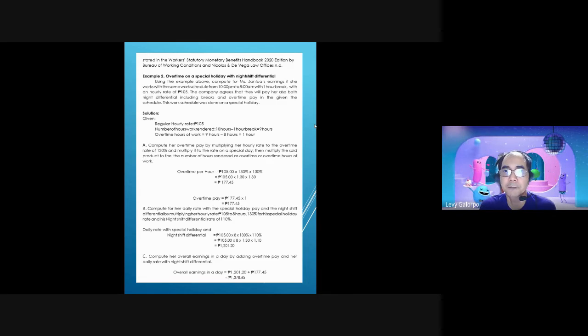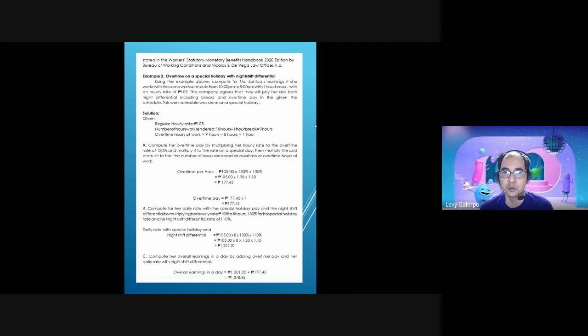Example 4, overtime on a special holiday with night shift differential. Using the example above, compute for Ms. Zantua's earnings if she works with the same work schedule from 10 p.m. to 8 a.m. with 1 hour break with an hourly rate of 105. The company agrees that they will pay her also both night differential, including breaks and overtime pay in the given schedule.